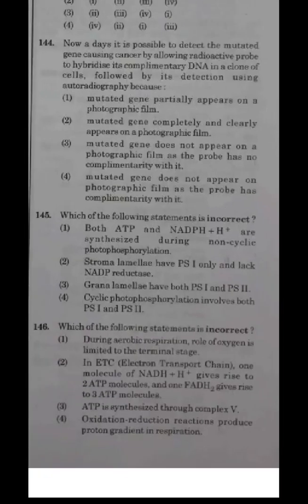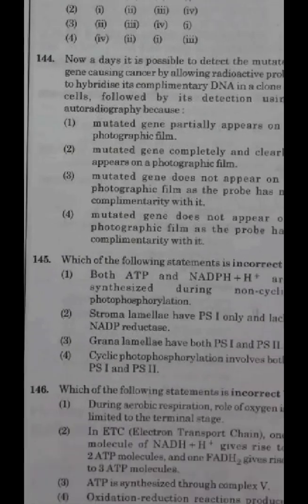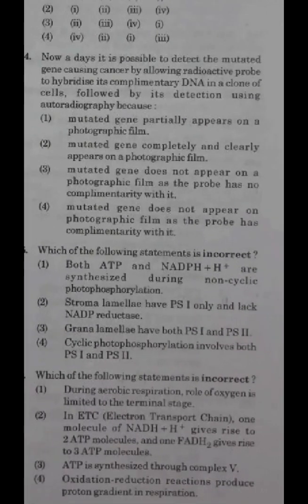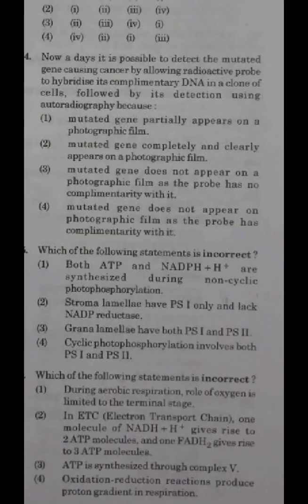Then next we are moving on to another question, question number 144. Nowadays it is possible to detect a mutated gene causing cancer by allowing a radioactive probe to hybridize with its complementary DNA in a clone of cells, followed by detection using autoradiography.